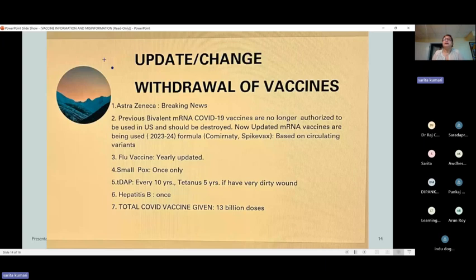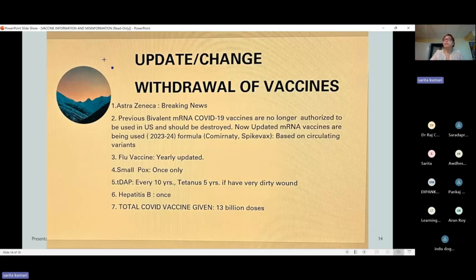I don't know what India is doing right now, but the total COVID vaccine given is 13 billion doses around the world. So it's a large number of vaccines given, and we will have a very high degree of side effect reporting from so many doses. So hopefully in the next few years, we will know exactly.